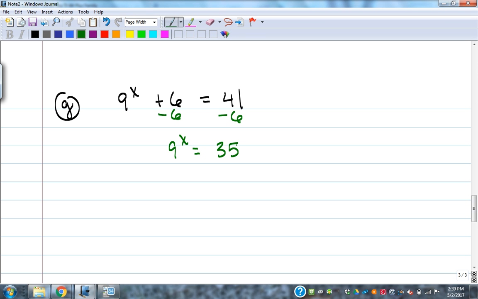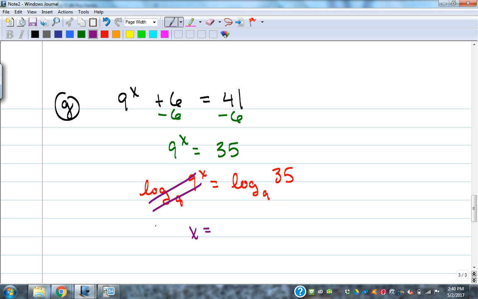Are 9 and 35 related? No. Man, that means I got to do what? Use a log, right? Which log do I use? Log base 9. Log base 9 of 9 to the x equals log base 9 of 35. I'm excited about this one because that means I'm done.